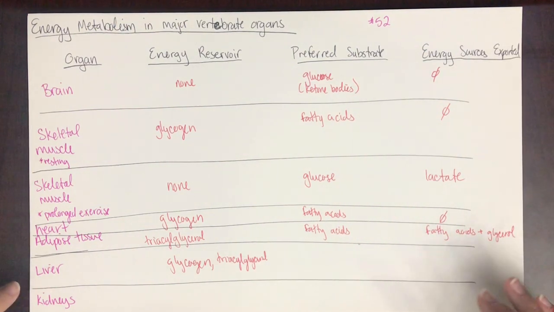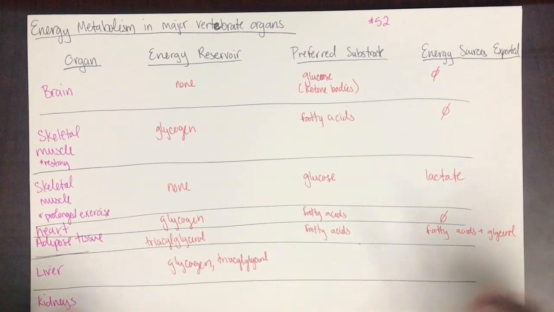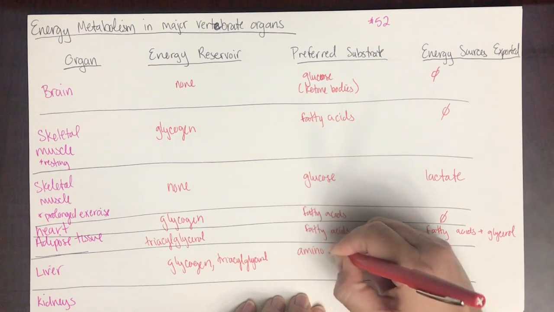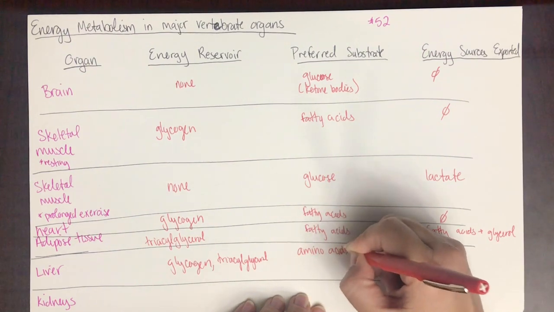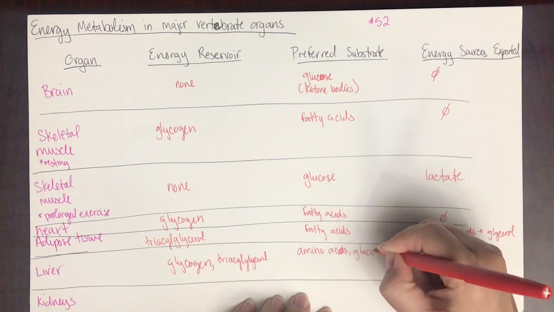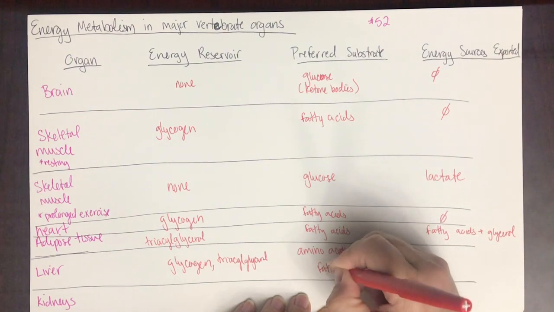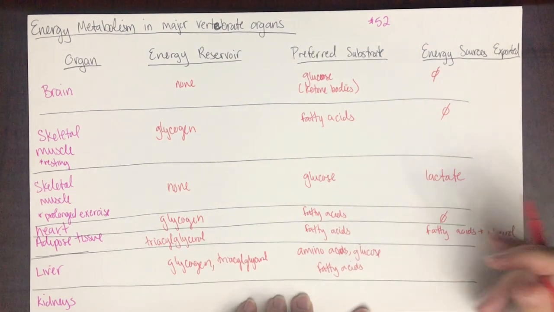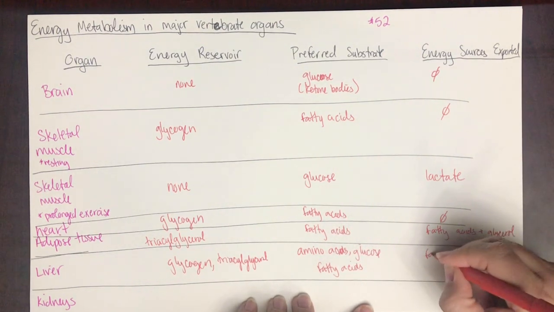Pretty much every metabolic process that happens in our body happens in our liver. It can use amino acids or glucose or fatty acids. And it can export almost everything too.